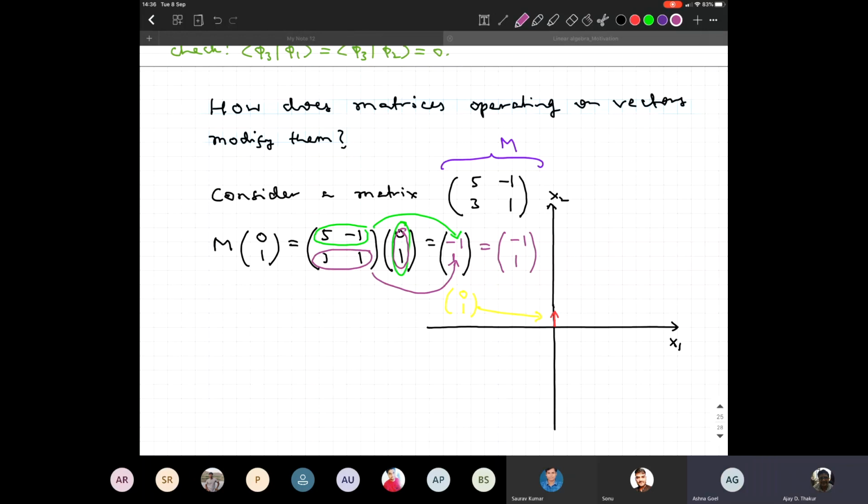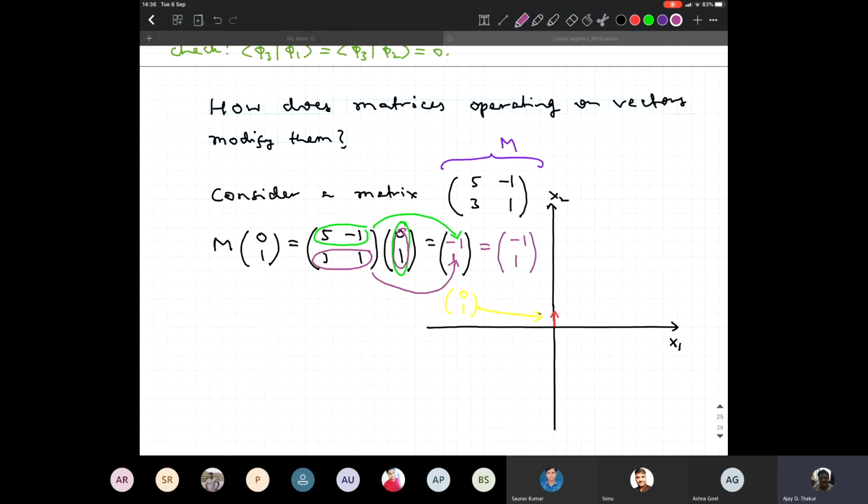Yes, sir. Okay, minus 1, 1. So that actually tells us that this vector, which was earlier the red vector, now goes into minus 1, comma 1. Along the projection x1 it is minus 1, and along the projection x2 it is plus 1.